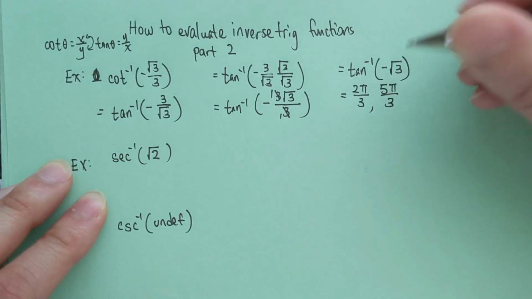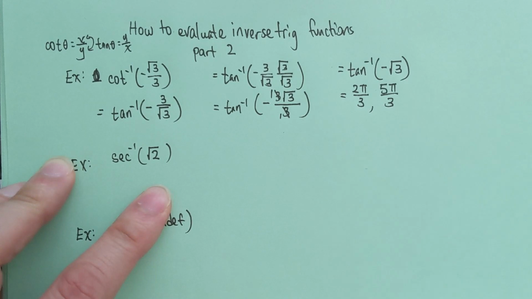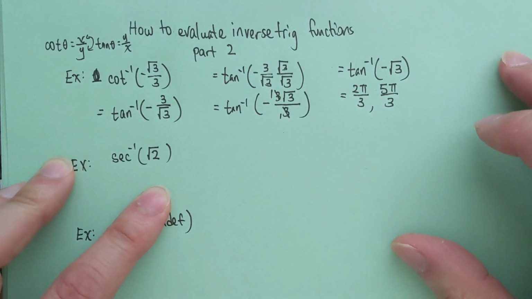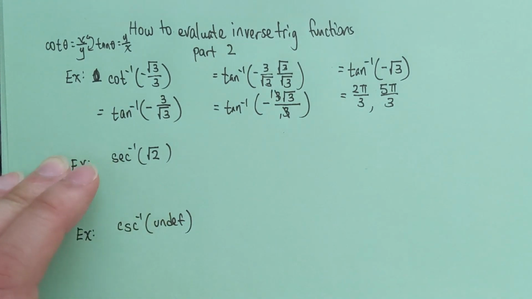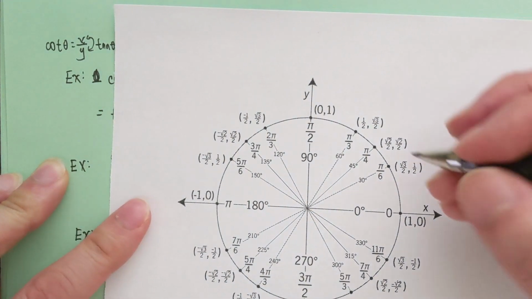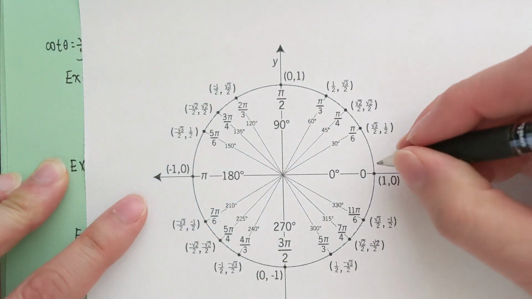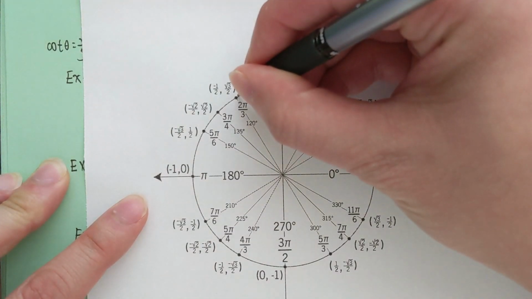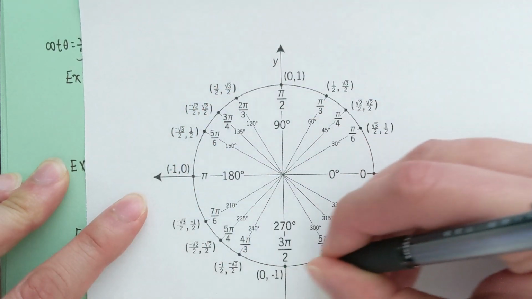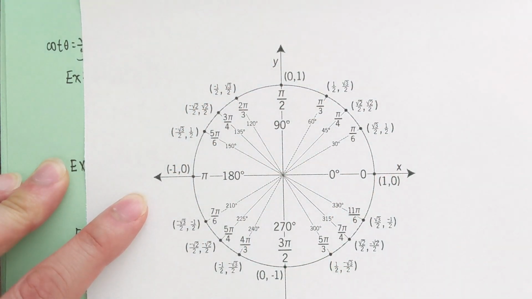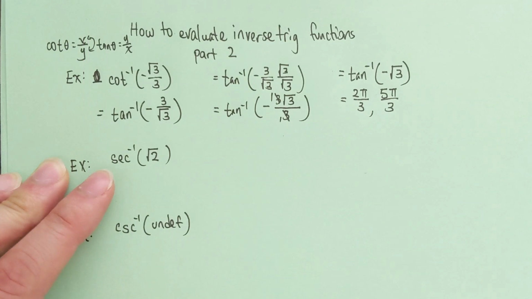In that very specific order from least to greatest, once again, just like the first video, because 2 pi over 3 would show up first, starting from here. You rotate, and you'll see 2 pi over 3 first, before you'll see 5 pi over 3. We always rotate counterclockwise from 0.